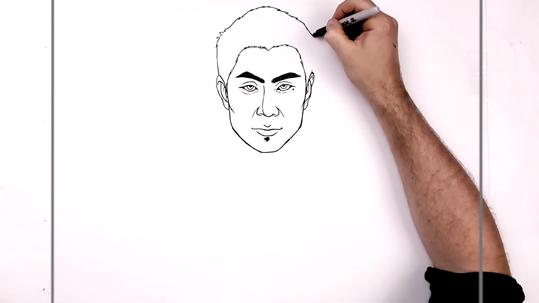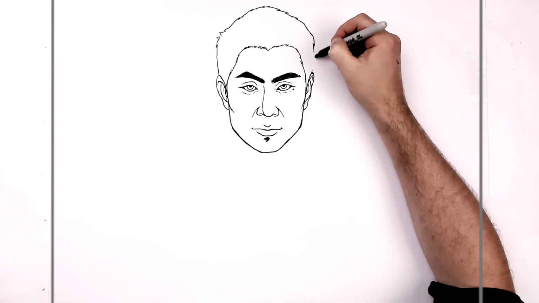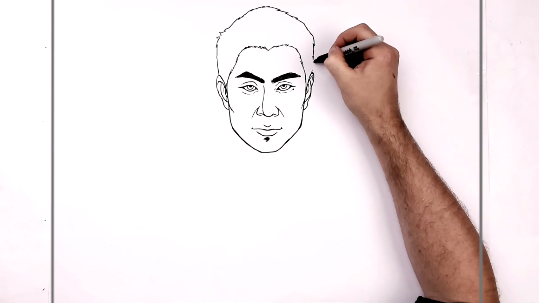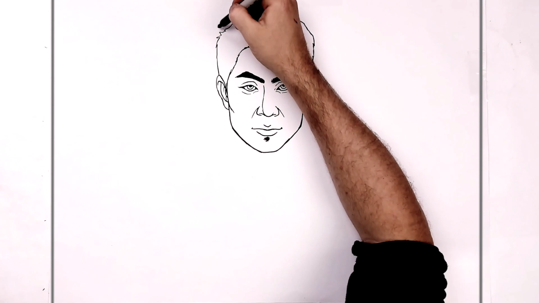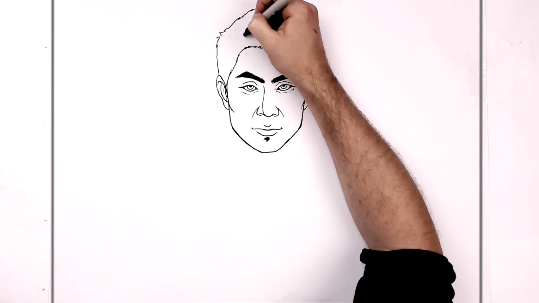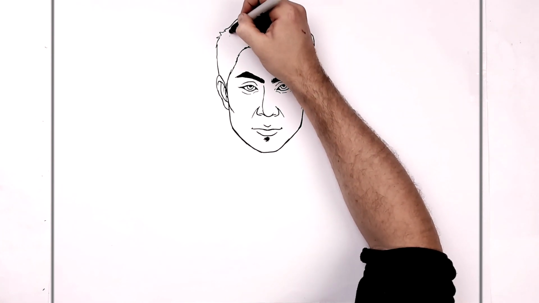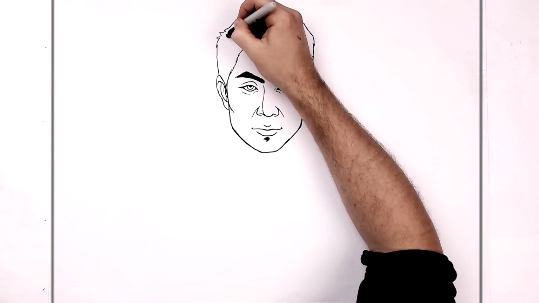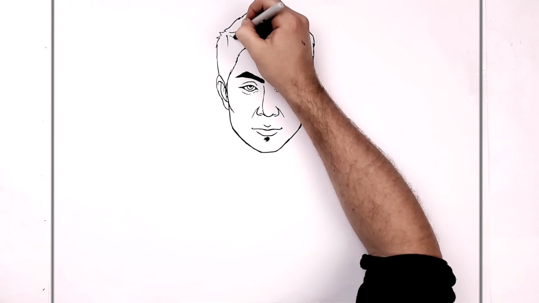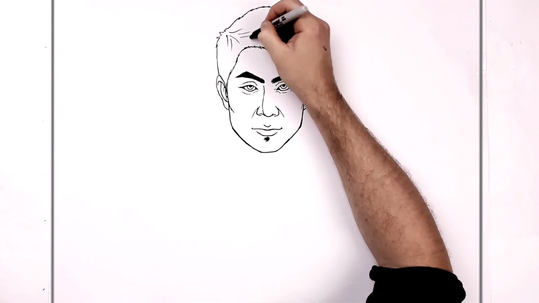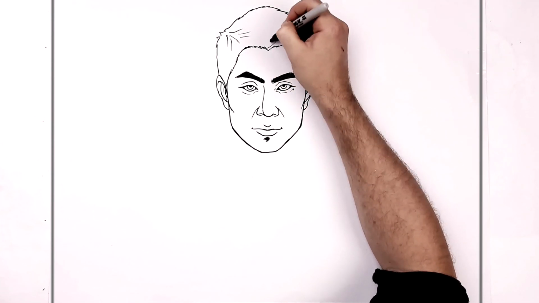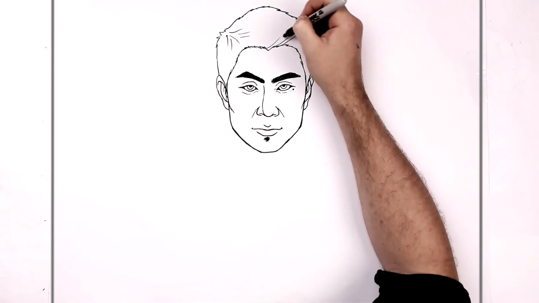But in general, it just curves down like this. And I think he has a part in his hair somewhere here. So the hair will start to part this direction and down this way, like a line here. And then it'll start having some texture lines going up this way.